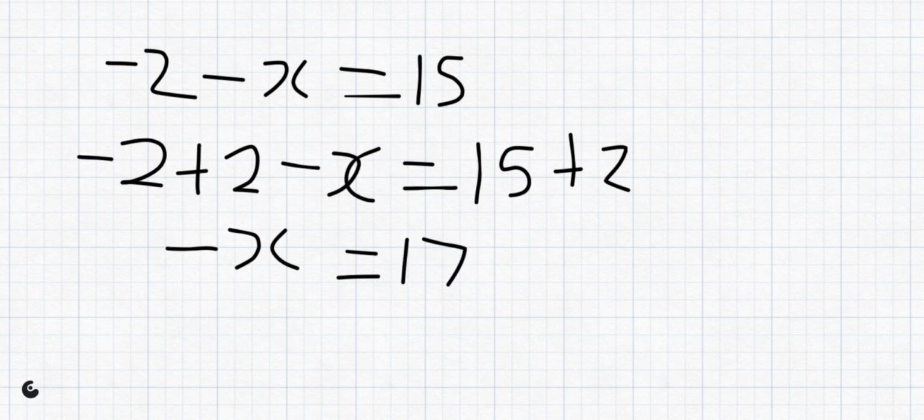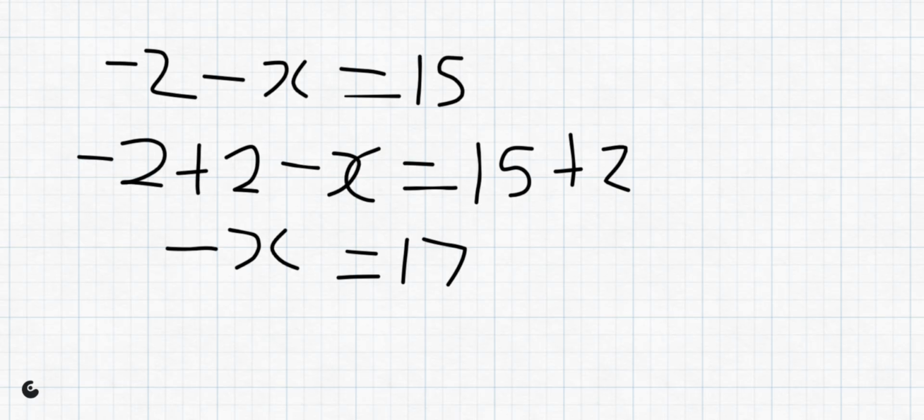Now we are looking for x, not minus x. So what we are going to do is to multiply both sides by minus, so that we now have only x, since minus times minus is plus.